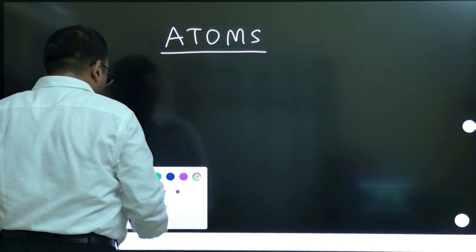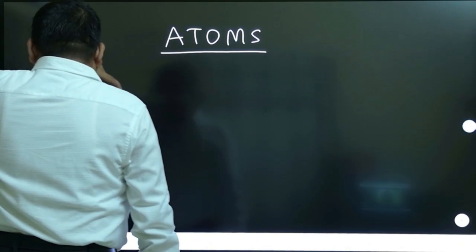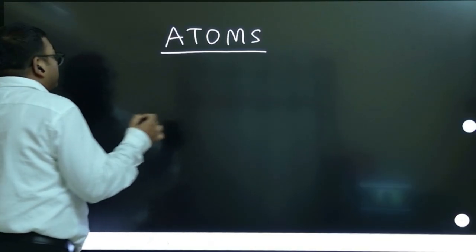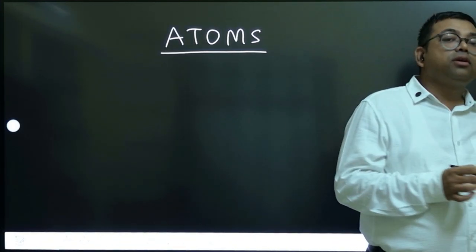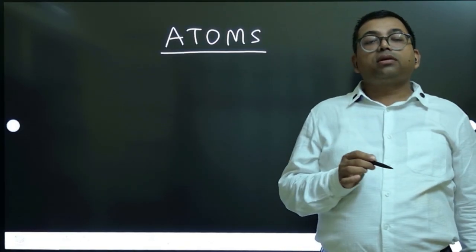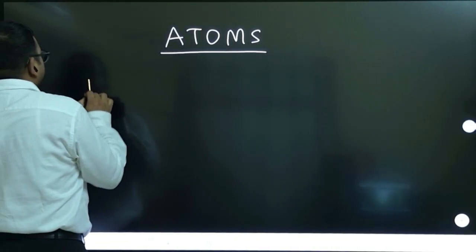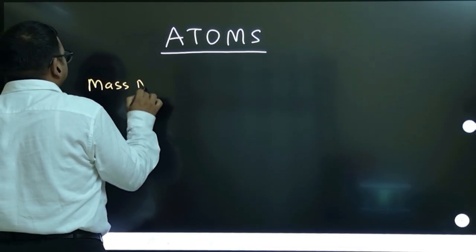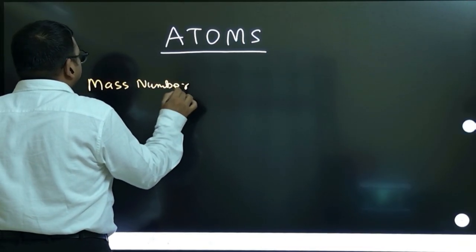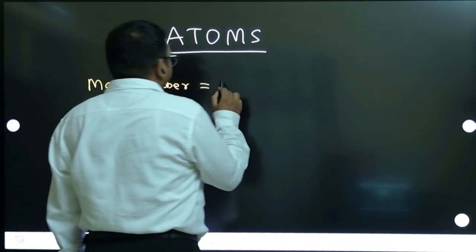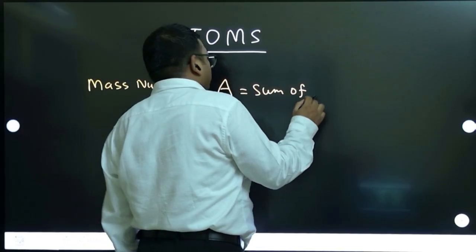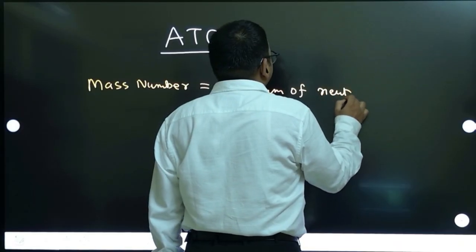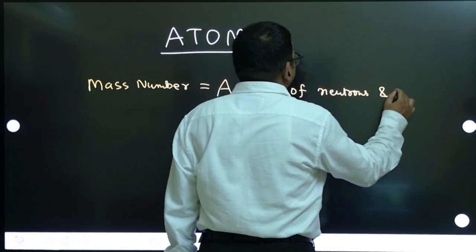Atoms. So what are we going to start first here? Some important things that we know are mass number and atomic number. You may already know about that, but let us look at mass number. Mass number is represented as A. It is the sum of neutrons and protons.